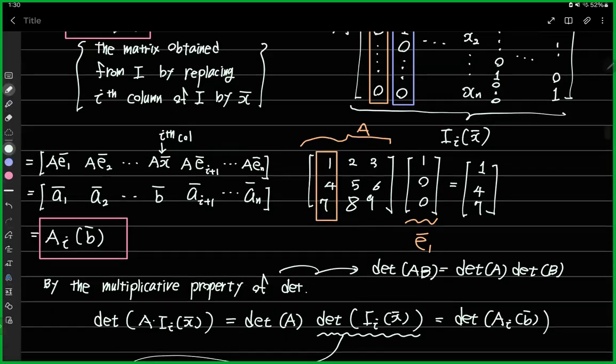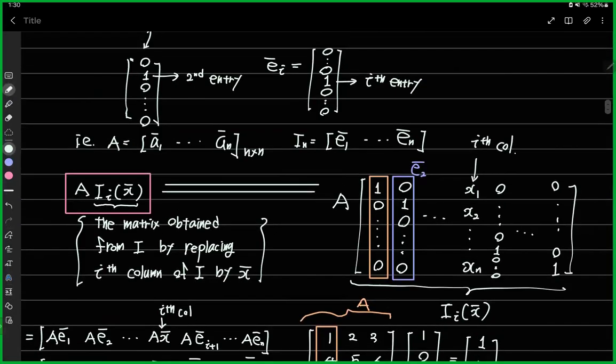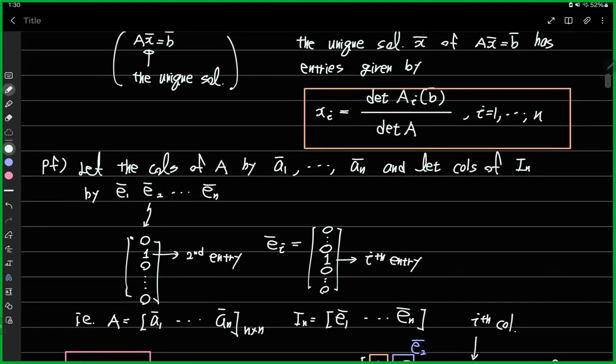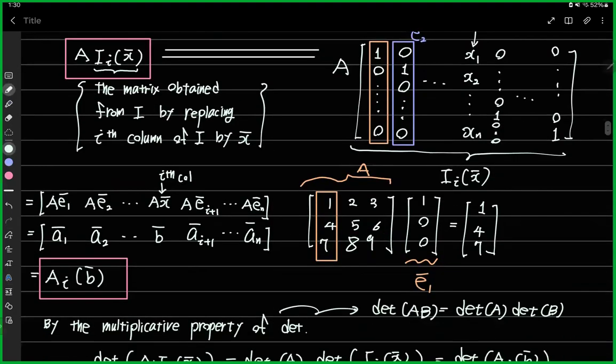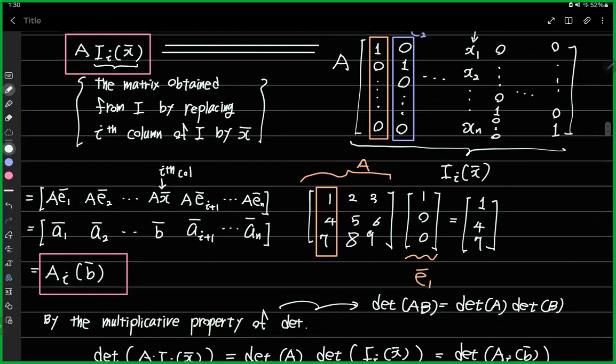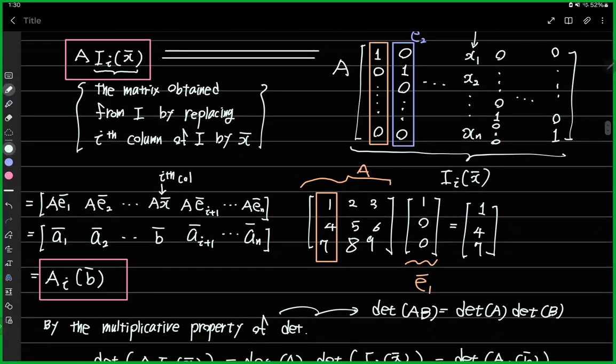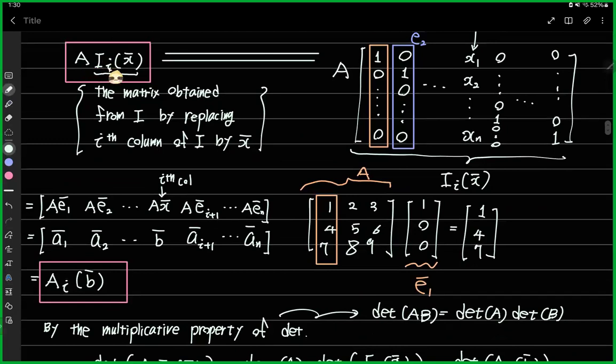Let me wrap up this lecture. So A times I sub I of x bar turns out to be this, right? So it turns out that A times I sub I of x is equal to this.